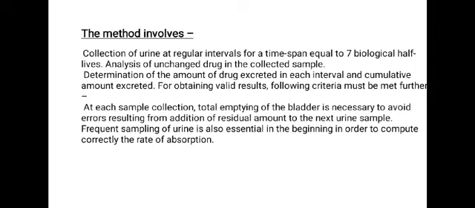At each sample collection, total emptying of the bladder is necessary to avoid errors resulting from addition of residual amount to the next urine sample. Frequent sampling of urine is also essential in the beginning in order to compute correctly the rate of absorption. This graph shows midpoint time of urine collection period versus rate of urinary excretion.